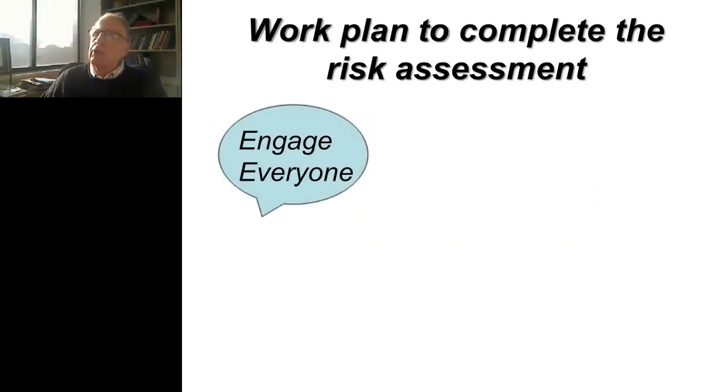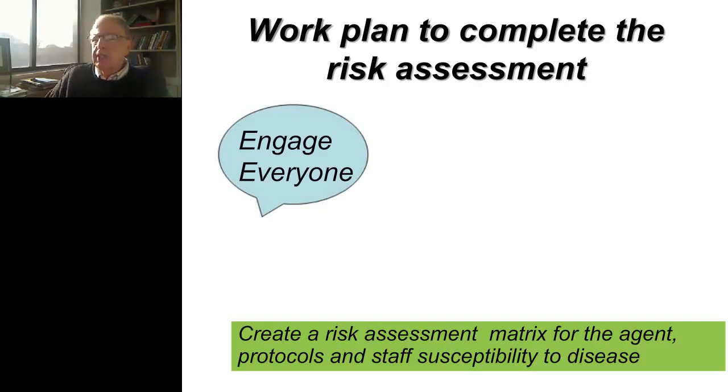Now, when you're performing a risk assessment, I like to put together what the work plan is. And the first thing that comes up on this slide is engage everyone, because people doing the work are most familiar with the processes. But someone has to put the process together in a risk assessment.